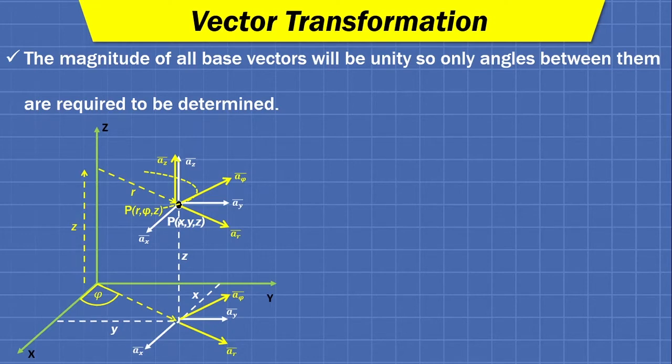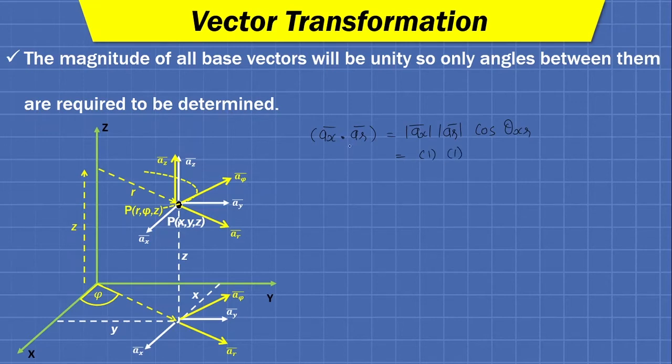Here, a total of 9 angles between different base vectors should be calculated. The very first was a_x dot a_r. If we want to simplify this dot product, it will be the modulus of a_x times the modulus of a_r, but as both of these are unit vectors, it will always be 1, and then cos theta_xr, the smaller angle between the x and r directions.